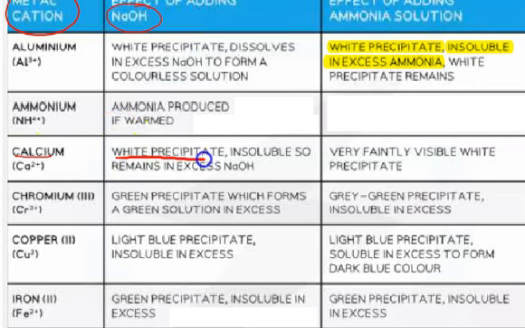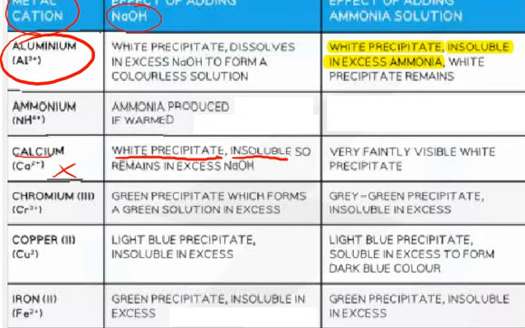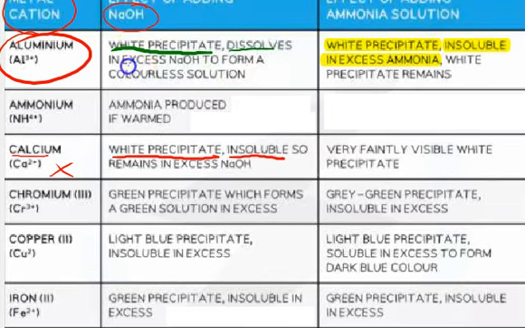It also has a white precipitate for dropwise, but it is insoluble, so this is not relevant. So we look at aluminium. It forms a white precipitate and dissolves in excess sodium hydroxide to form a colorless solution.